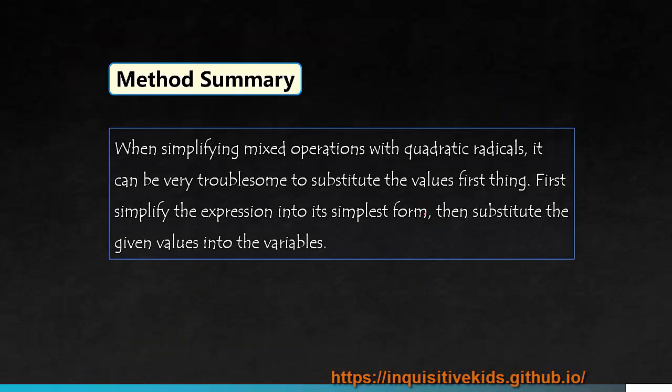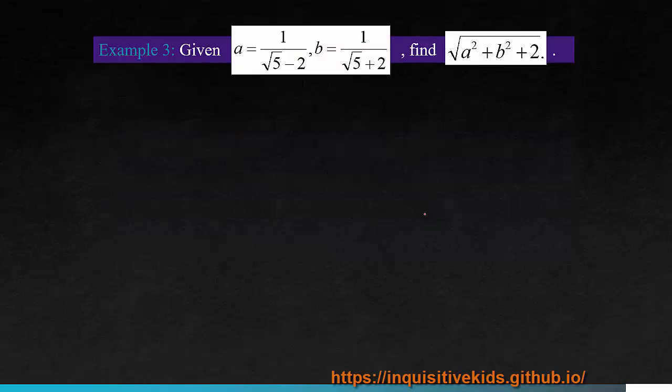When simplifying mixed operations with quadratic radicals, it can be very troublesome or very hard to substitute the values first. First simplify the expression into its most simple form, then substitute the given values into the variables. We are given that a equals this and b equals this.